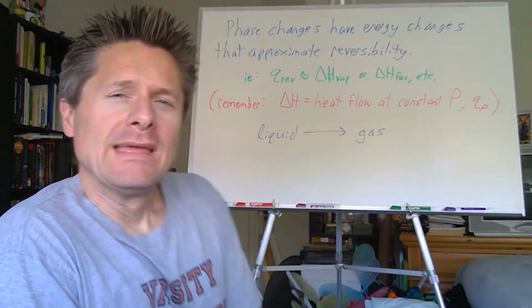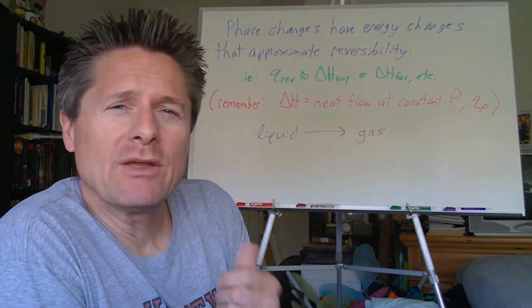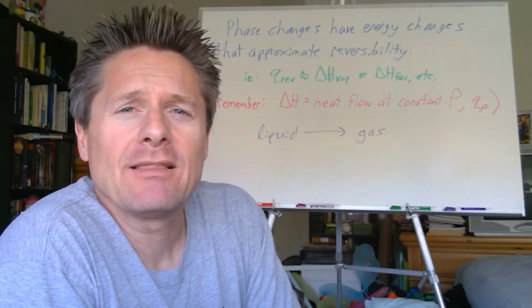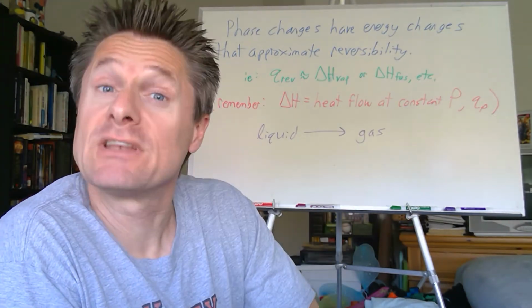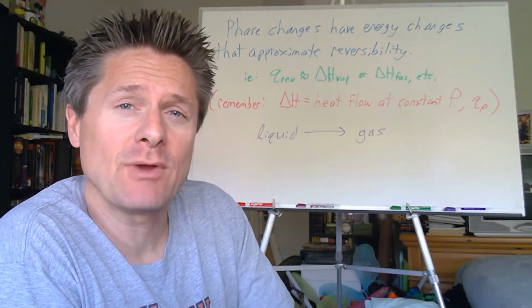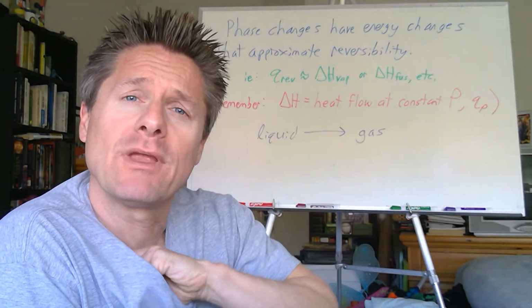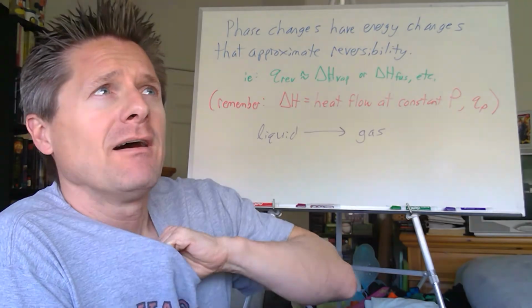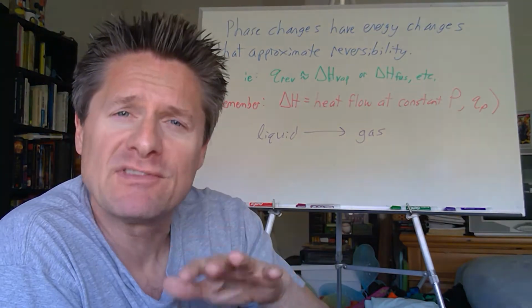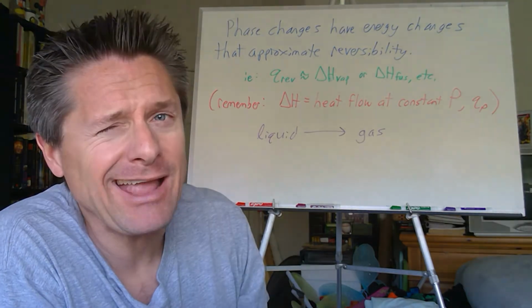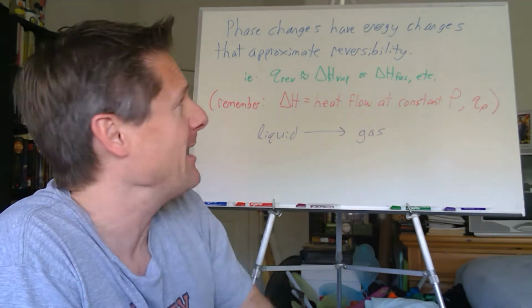All right. So about the only way we can really use that equation to calculate entropy changes, it's quite restrictive because of the reversibility constraints on the heat, is for phase changes. In our laboratory, those phase changes are closely resembling reversible processes. Not quite, but about as close as we're going to get.